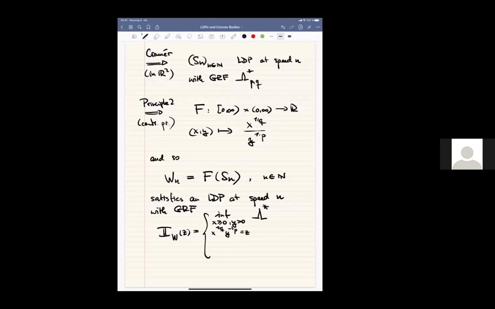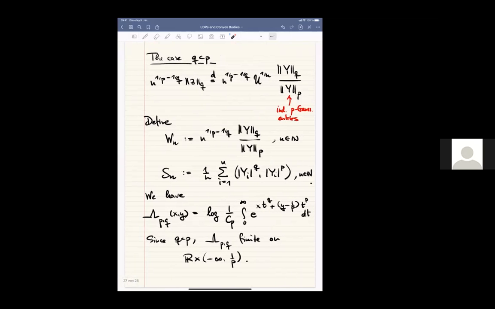And this is the rate function we obtained from Cramér. This holds if z is non-negative, and if z is less than 0, then this is just plus infinity. Okay. So we now have an LDP for this quantity.